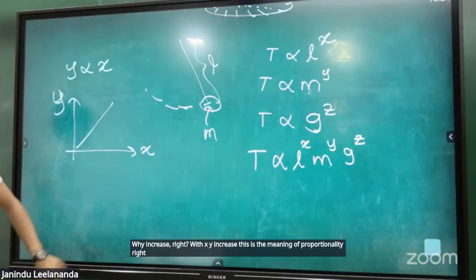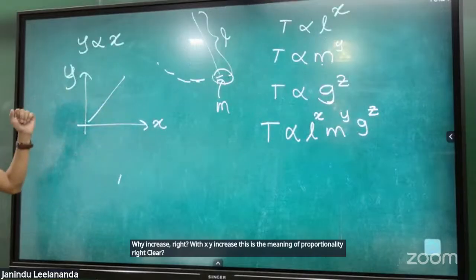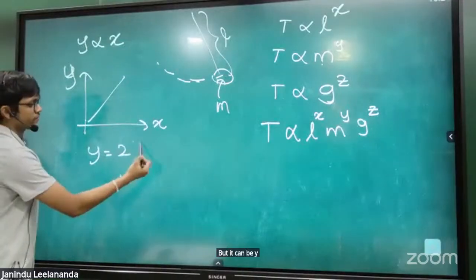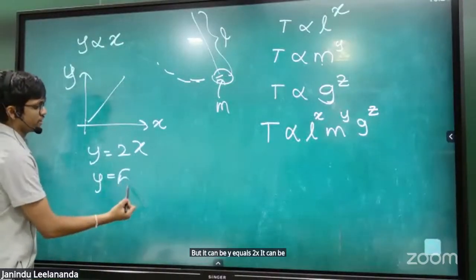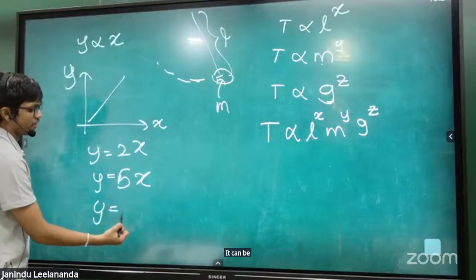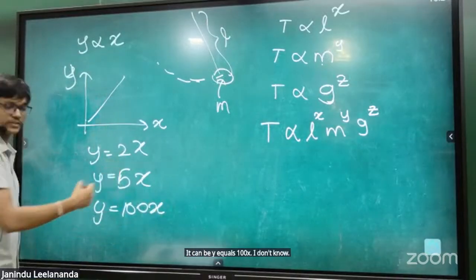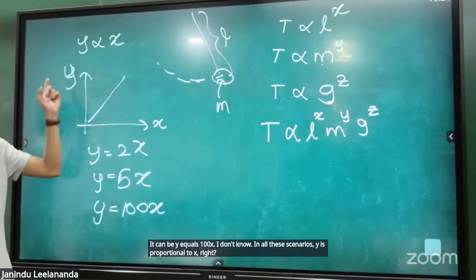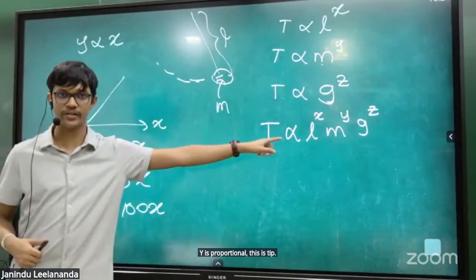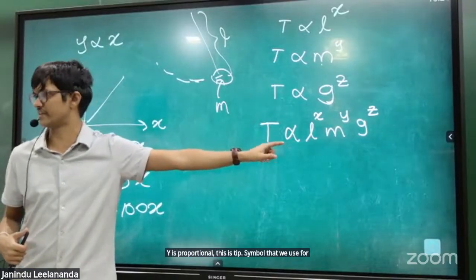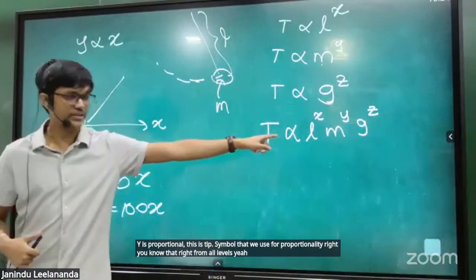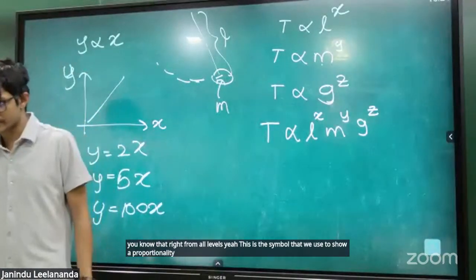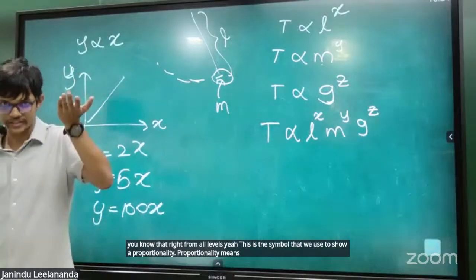Two quantities are proportional means y increases with x.